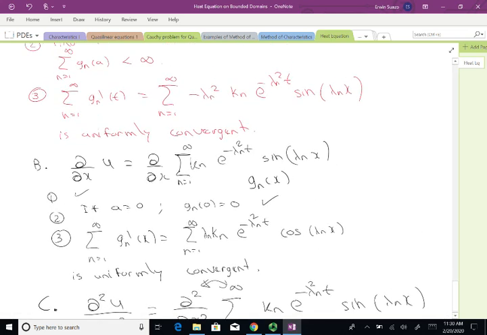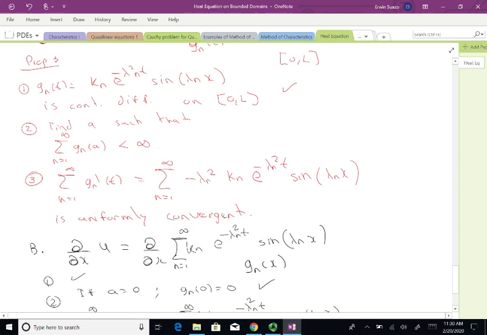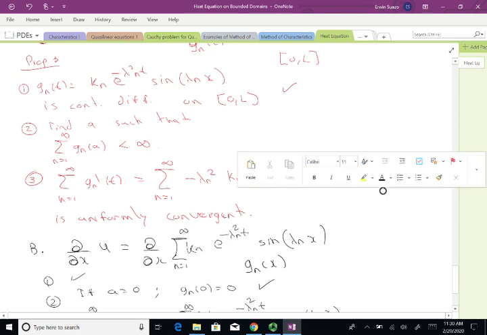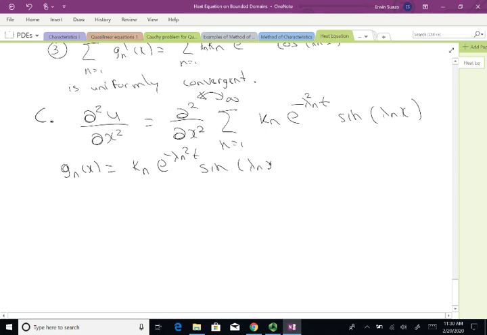Okay, so we need to check that g_n of x is k_n e to the minus lambda_n squared t sine lambda_n x.